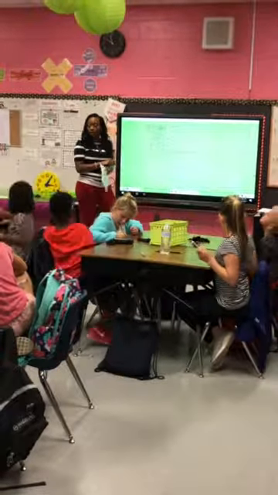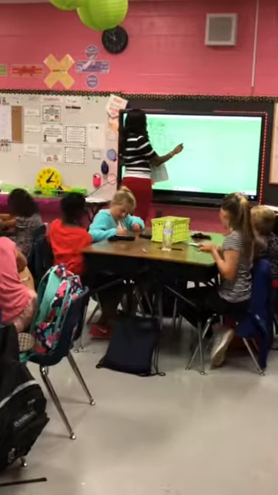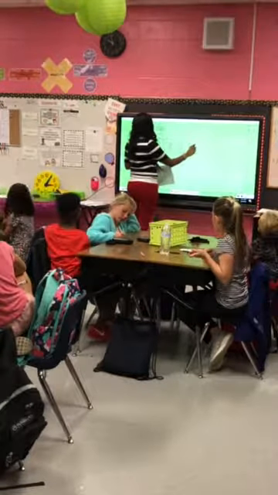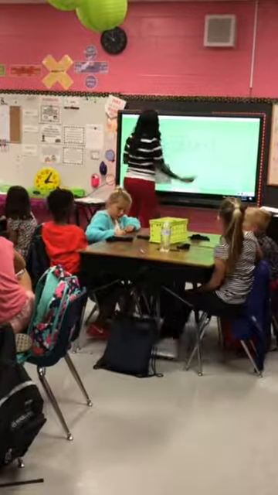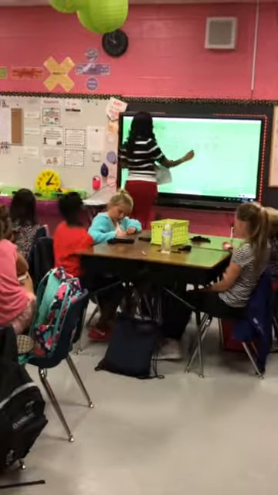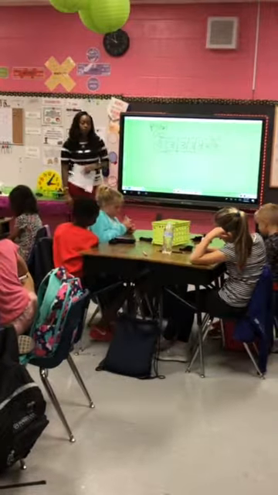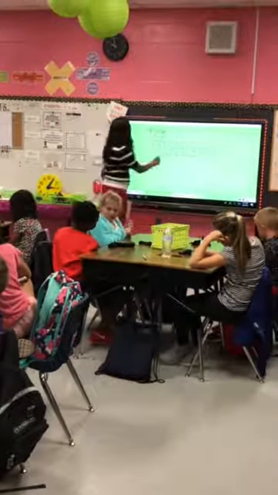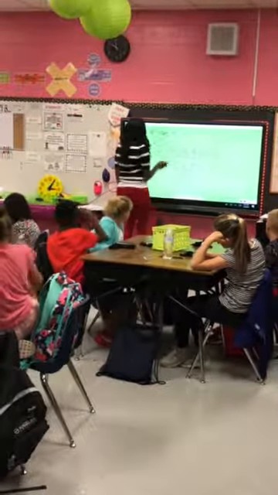So let's count by 3s. Everybody. 3, 6, 9, 12, 15, 18, 21. We have an answer and we have a tape diagram. Okay? So our total is 21. How many tables do we have?